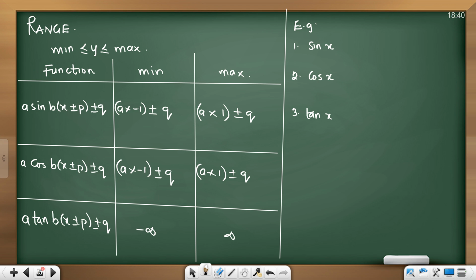We're going to start with those little examples, which we know, but I want us to work with them. Sin x, cos x, tan x.